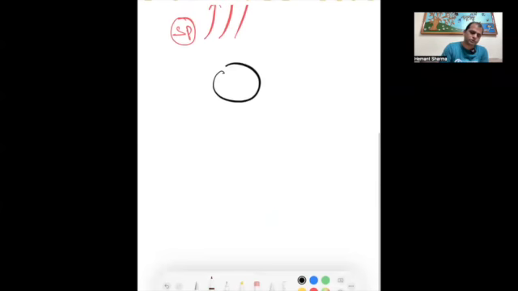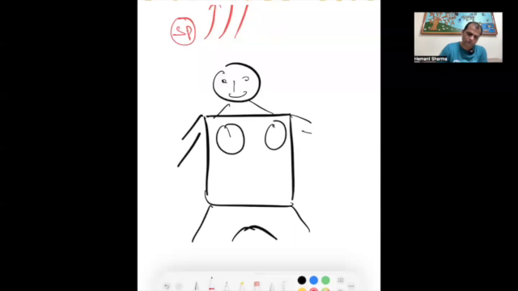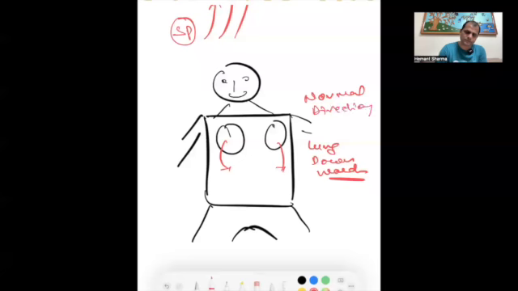Now we talk about the lungs. The lung sends the chi in the downward direction. This is called the normal direction of the lung. Then the person has wonderful lung health and a good breathing pattern.